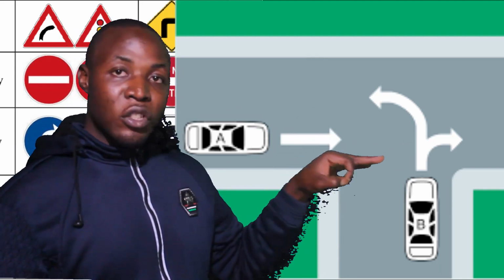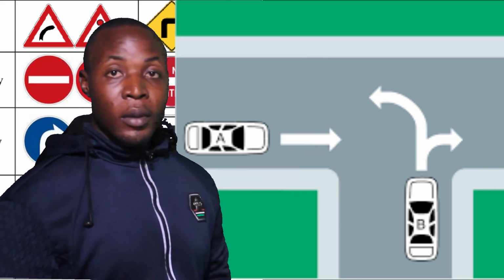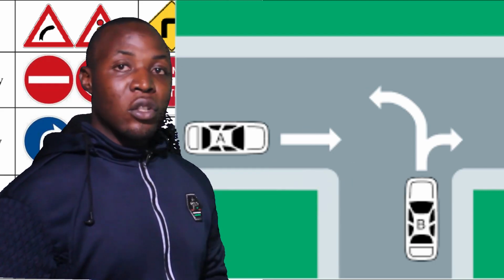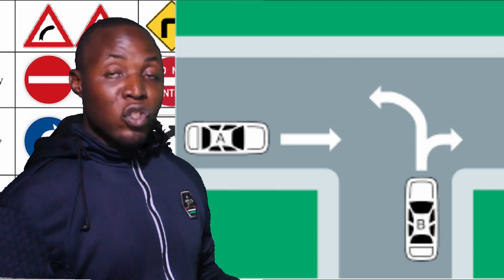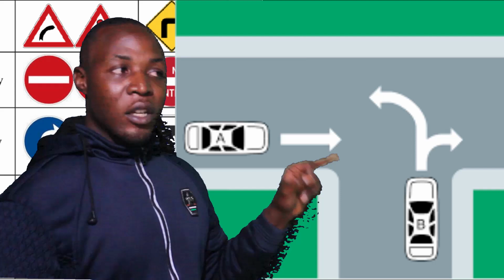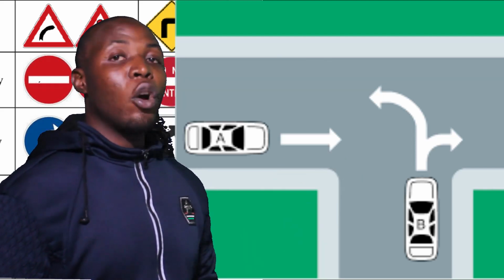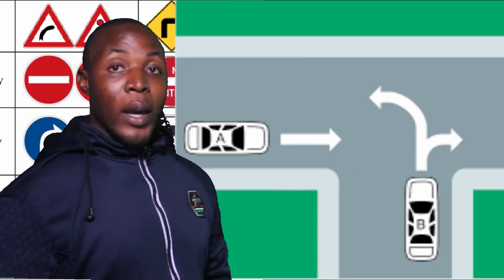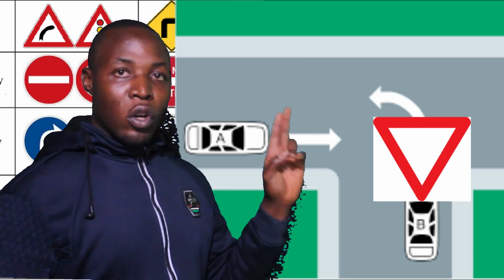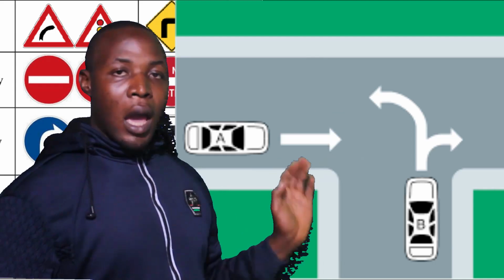Whenever you are entering a T-junction, you have to make sure that you stop at the level of the stop sign, because there must be a stop sign which signals that you have to stop. Whenever you are entering a T-junction, you have to give way to all the vehicles that are passing on the T-junction. So keep in mind that you have to stop, look to the right and look to the left before you can enter and pass.